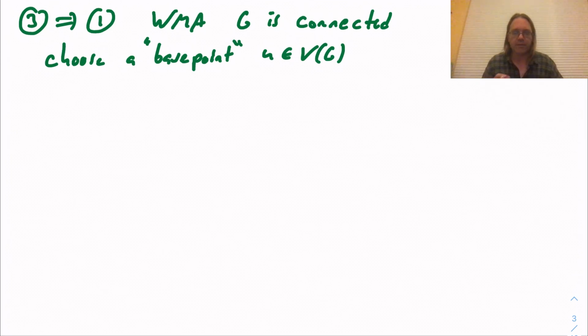I'm not defining this formally, but this type of argument we'll see a couple times in class, and it's a good one to keep track of.